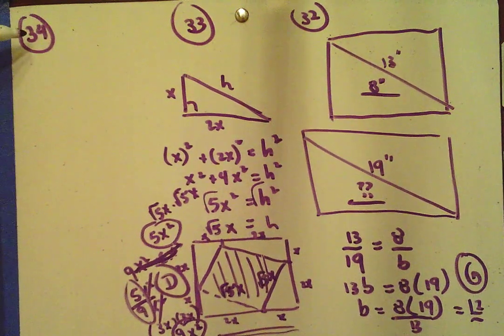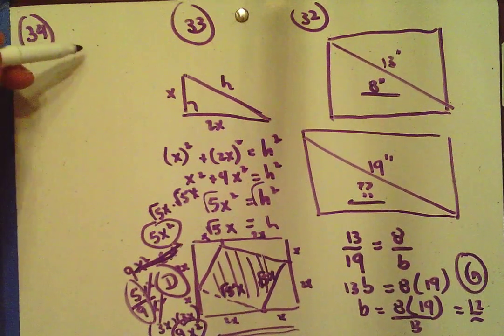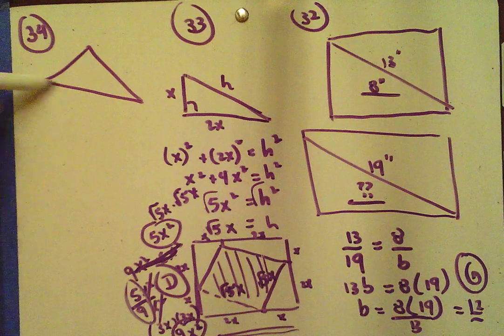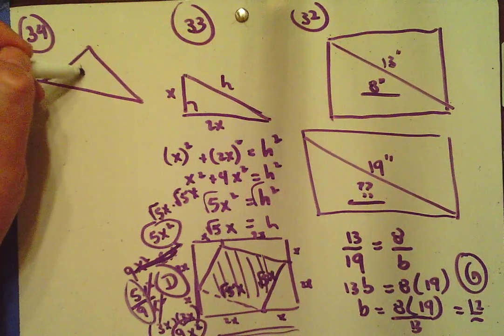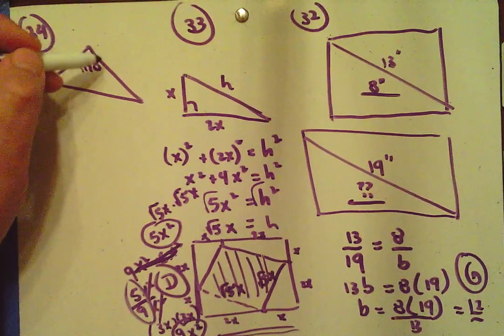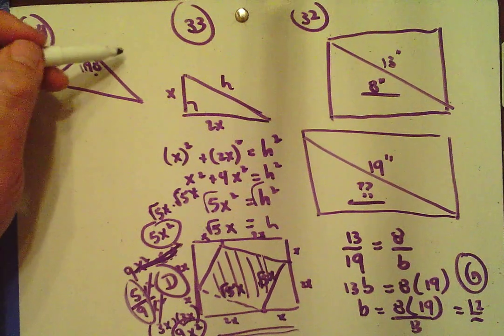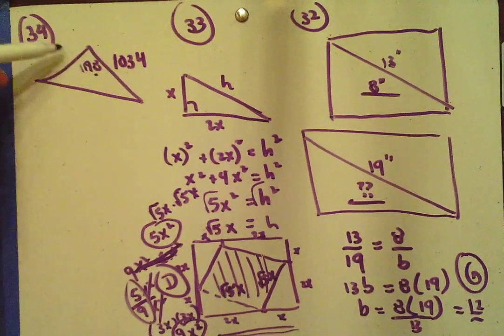34. This is a law of cosines problem. Law of cosines is what we need to use when we've got an angle that is not a right angle and two sides.